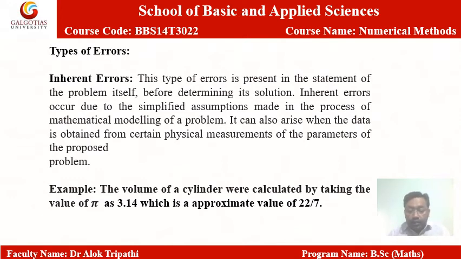Now, if we use this volume to calculate something else, then that value will also contain error. This error is called inherent error. We are given something that was not correct, due to which we get error in our answer, and this error is called inherent error.